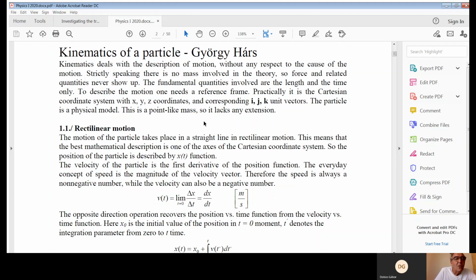From this point of view, all kinds of reference frames are equivalent, because if we have no mass, if we have no particles, if we have no forces, we don't need to deal with the question what kind of coordinate system we are using.